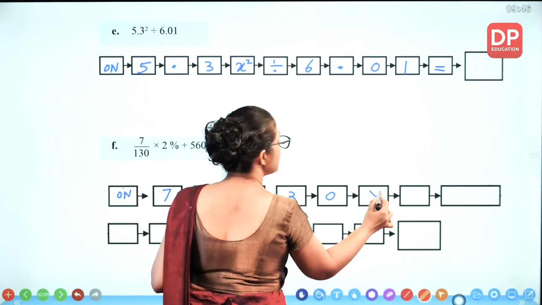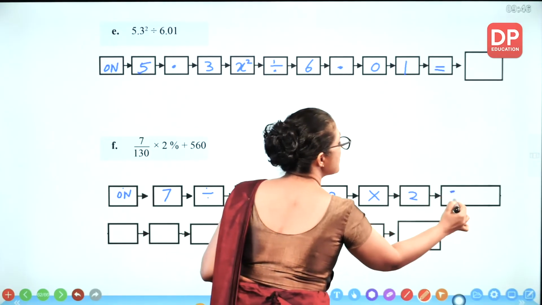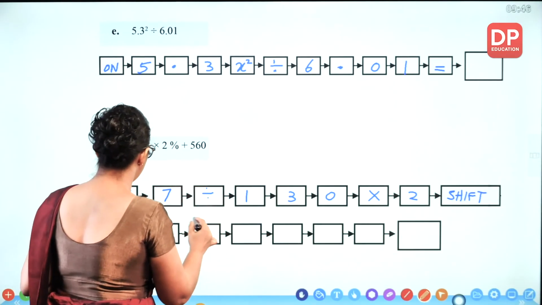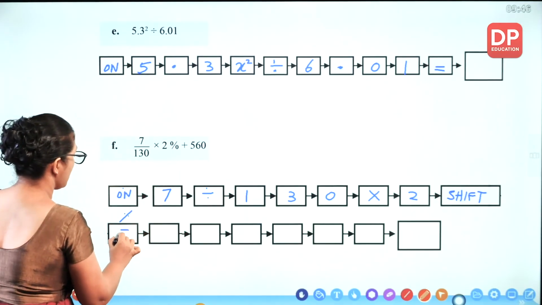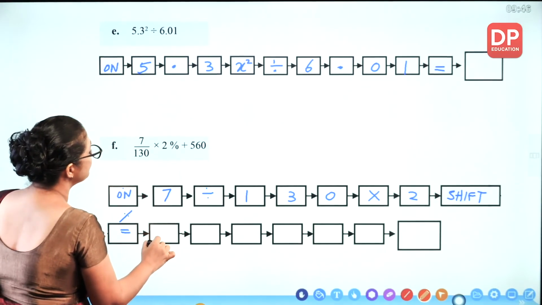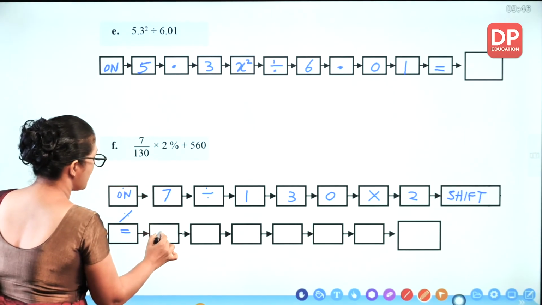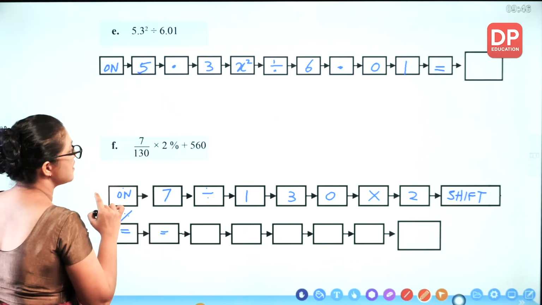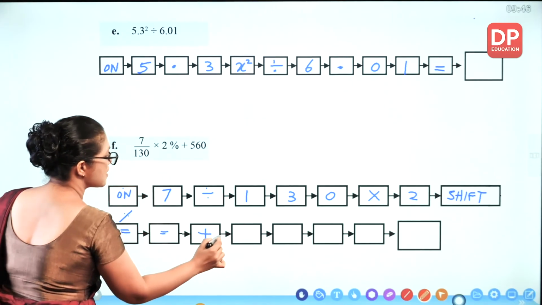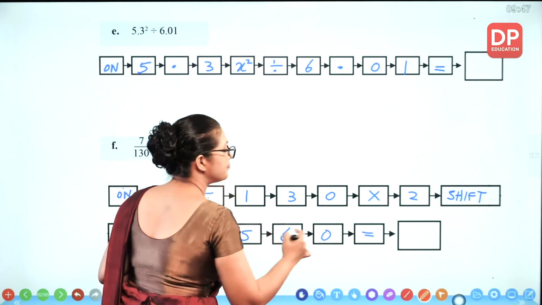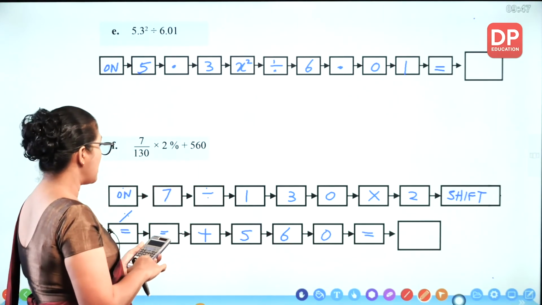Then you can do multiply by 2%. Percent is shift with the equal sign, and then you get the answer. When you press the equal sign, you get the answer. Then plus 560 and get the final answer.